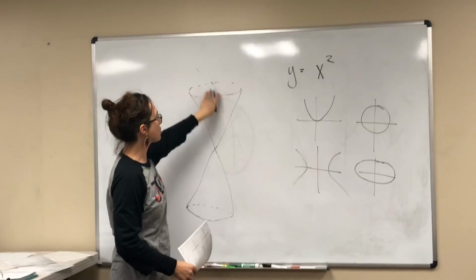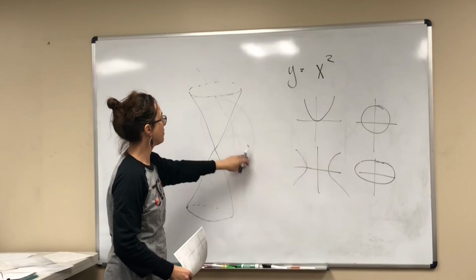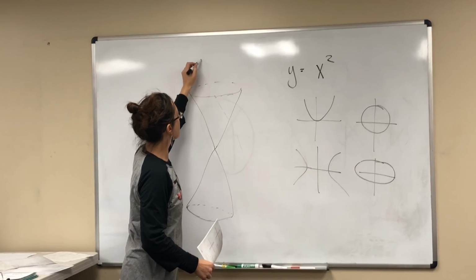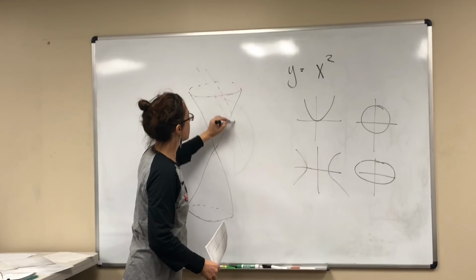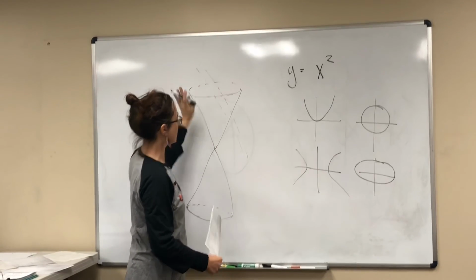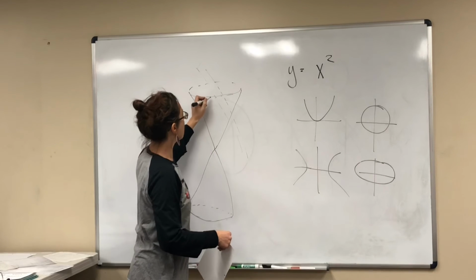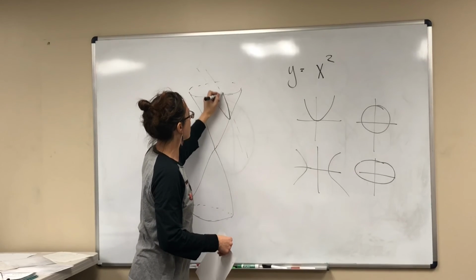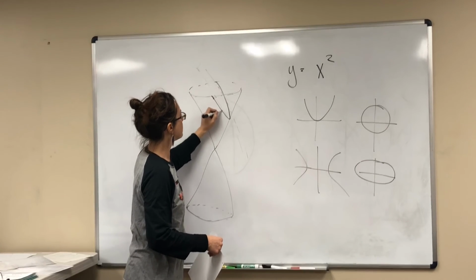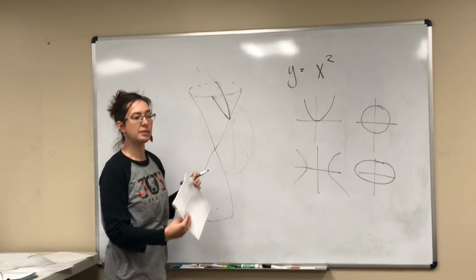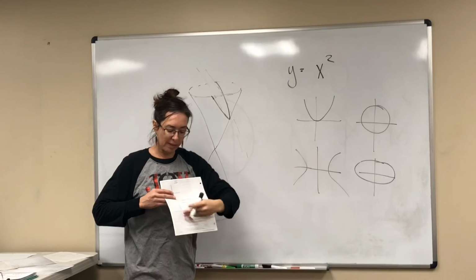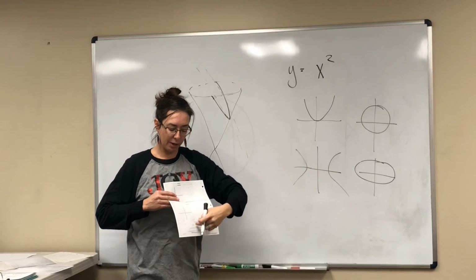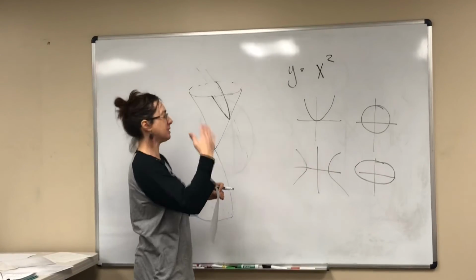If we were to actually slice this off, the shape that we would get as it follows the curve is going to be a parabola. Okay? When we slice through the cone, because it's going to curve down, and then at the point that it comes out, it goes back up, if we're going to slice it and look at it.